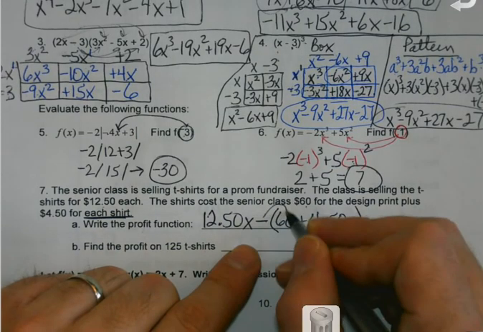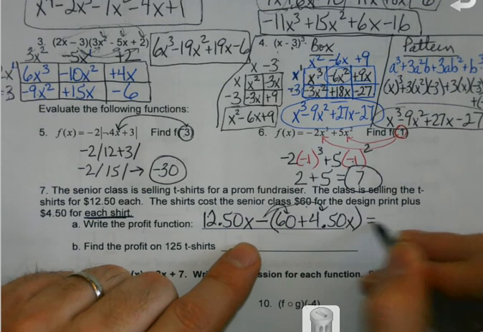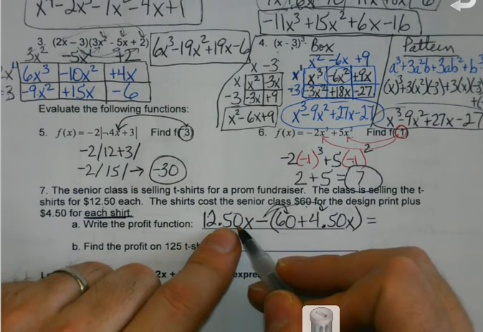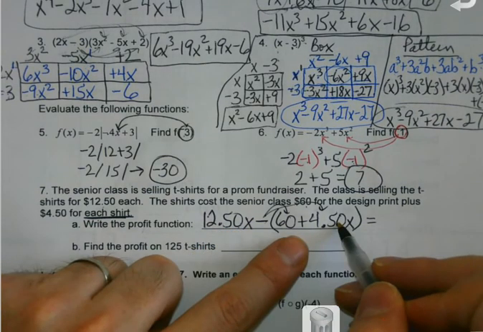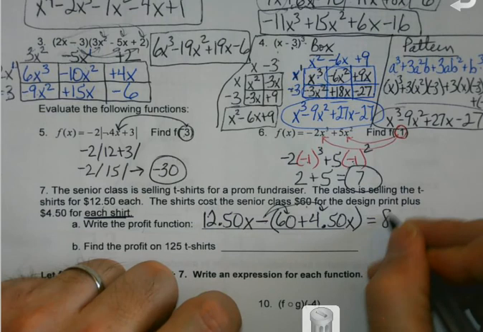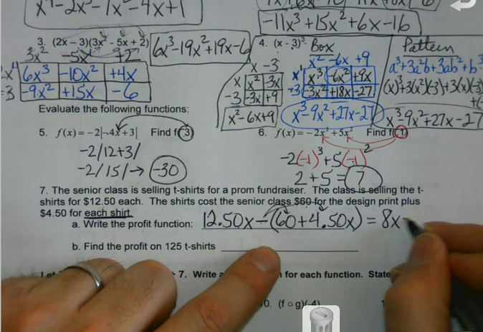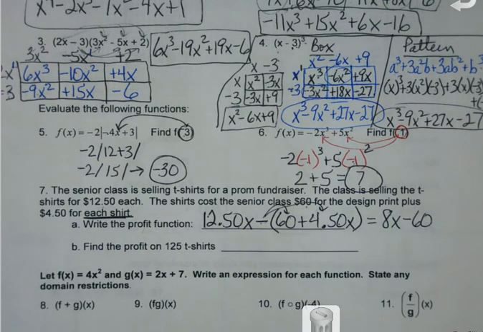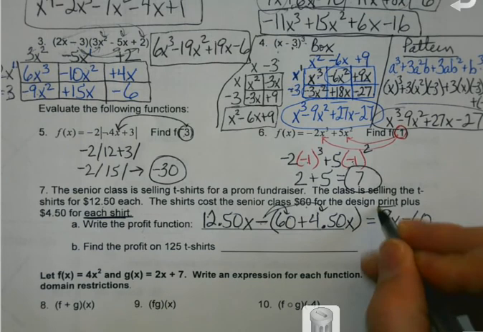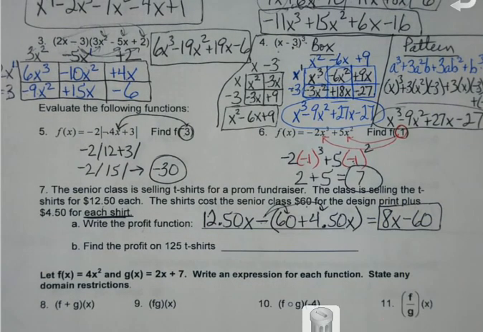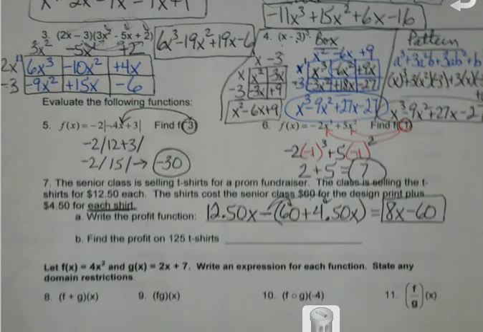I need to distribute this through, and I'm like, okay, $12.50 minus $4.50 would be 8, and then that negative 60 gets distributed, but it doesn't have an x, so don't combine it with the x's and make it like negative 52x or some crazy thing like that. This would be my profit function, and I just plug in there for x however many shirts I have, and that'll tell me how much money I'm going to make.